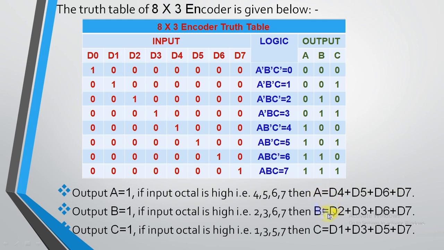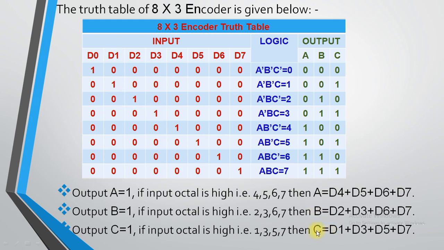Similarly, for the variable B, there are cells number 2, 3, 6 and 7. So D2 plus D3 plus D6 plus D7 equals to the value of variable B. B is the output variable. You need to keep this in mind.